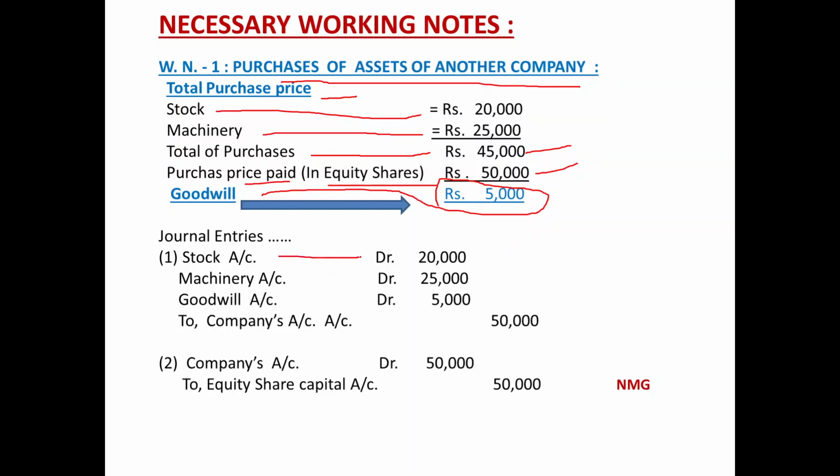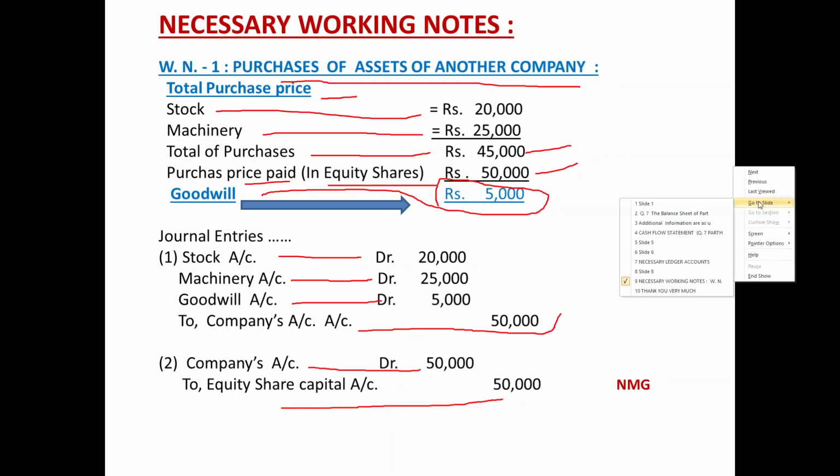Stock account debited rupees 20,000, machinery account debited rupees 25,000, goodwill account debited rupees 5,000 to that company's account credited, from which these assets have been purchased, 50,000. Second journal for the payment: that company's account debited rupees 50,000 to equity share capital account credited rupees 50,000. So these are the two journal entries for the purchase of assets from another company.